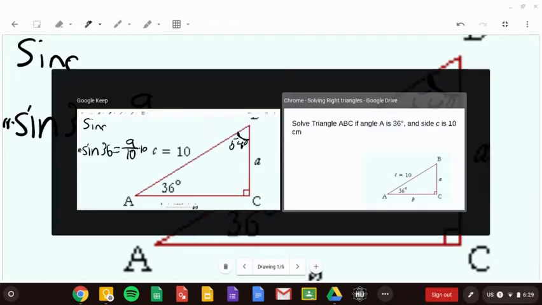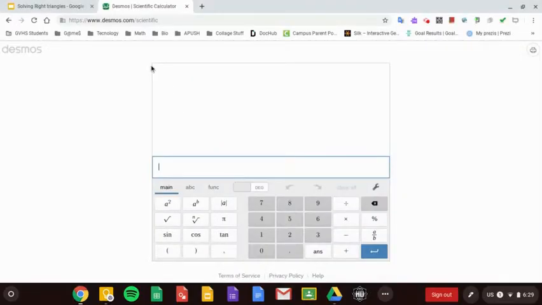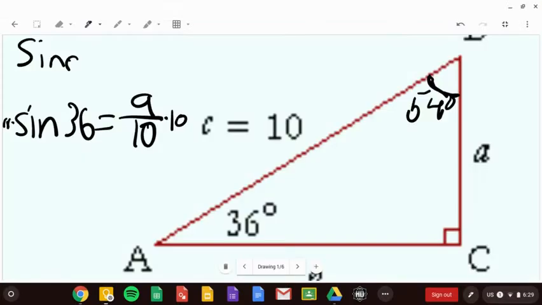Then put that in a calculator: 10 times sine of 36. You get about 5.878. So A equals about 5.878.